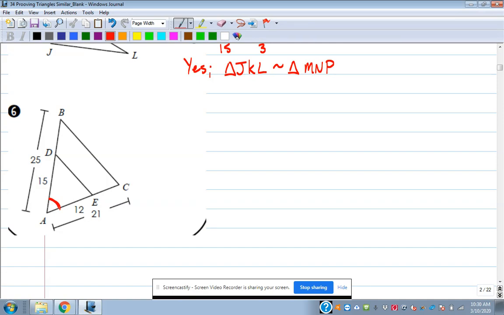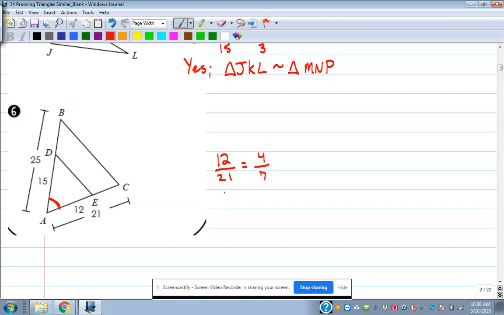So our side proportions that we're going to check: side AE should correspond to what side? 21. So 12 over 21 reduces to 4 over 7.